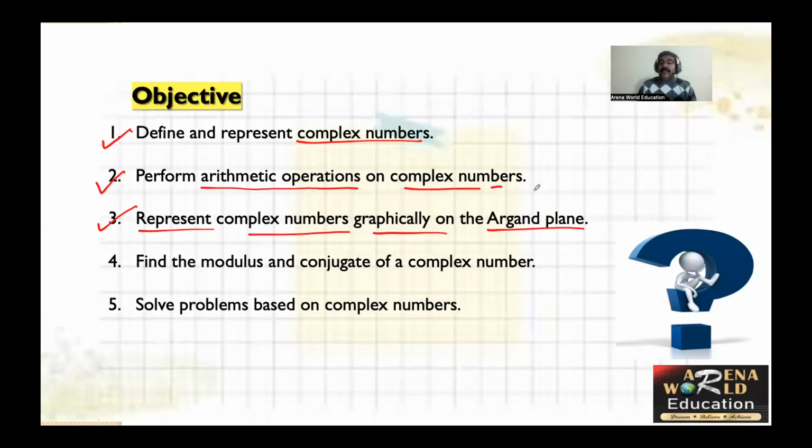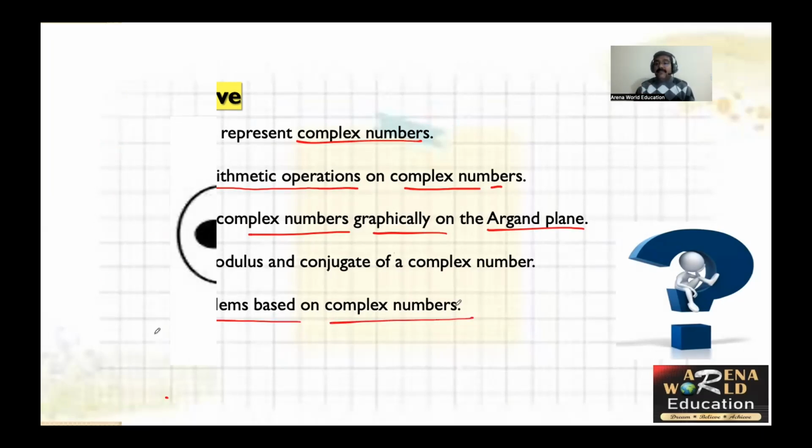Just like we discussed in coordinate geometry as the coordinate plane. So to represent complex numbers graphically, we use the Argand plane or complex plane. Then we will be able to find the modulus and conjugate of a complex number. And at last, we will solve many problems based on complex numbers.